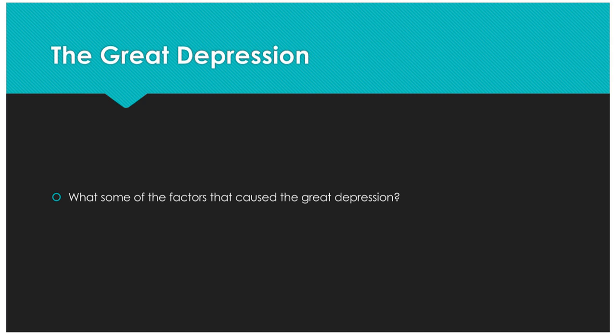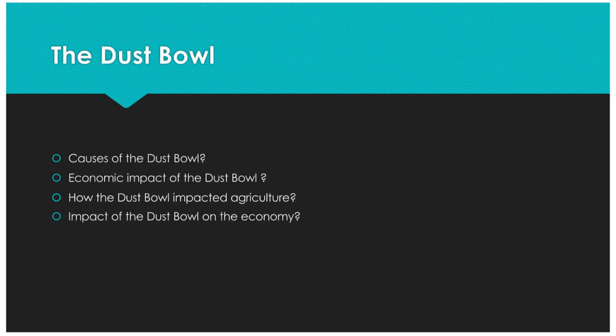Then I'll ask them the question about the Dust Bowl and what are the important factors in the Dust Bowl, and how it plays a huge role in The Grapes of Wrath.